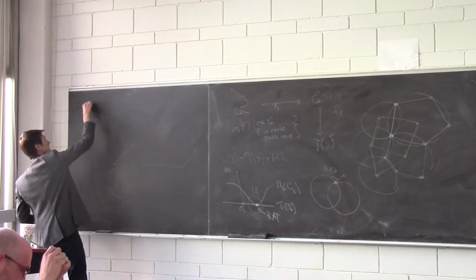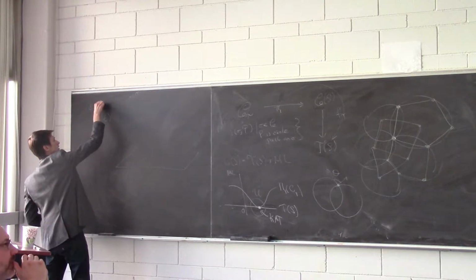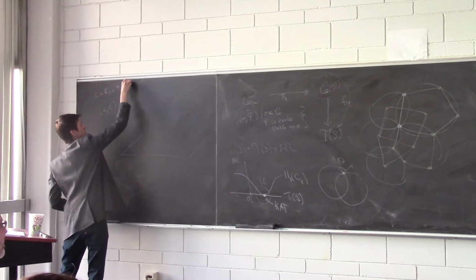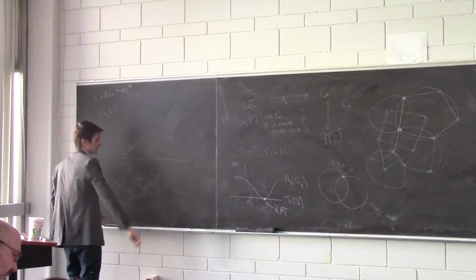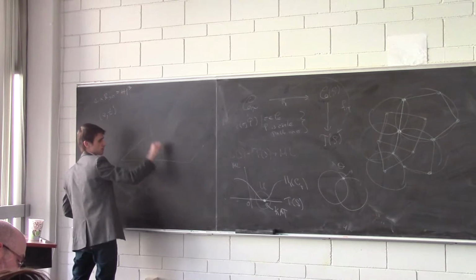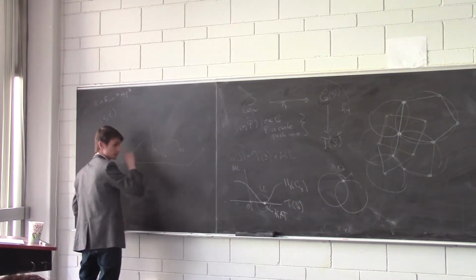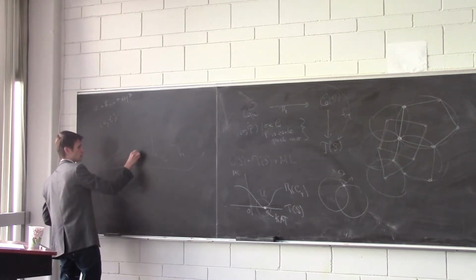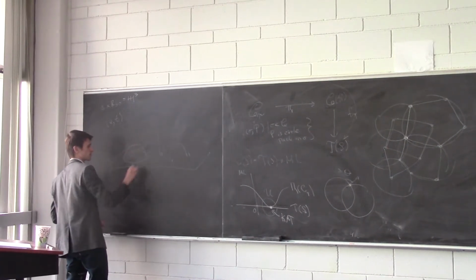So this would be C cross R greater than 0, which will be H3. And then the geodesics are, again, a very similar looking picture. The totally geodesic hyperplanes are hemispheres that are perpendicular.